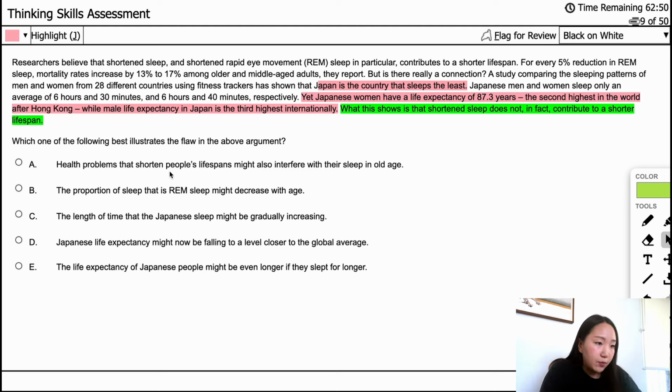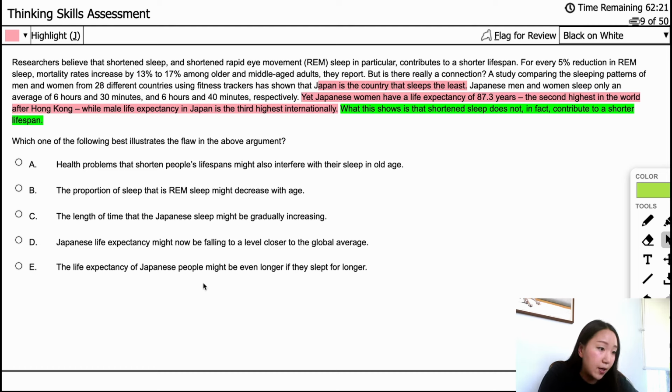Right, so health problems that shorten people's lifespans might also interfere with their sleep in old age. That's not really relevant. That's not the argument we're trying to make here. The proportion of sleep that is REM sleep might decrease. Yeah, it doesn't matter. The length of time that Japanese sleep might be gradually increasing. That's not really addressing the main point of this argument, which is that shortened sleep doesn't contribute at all.